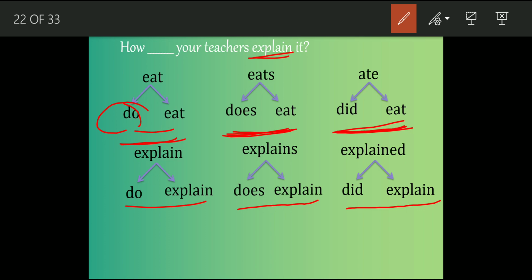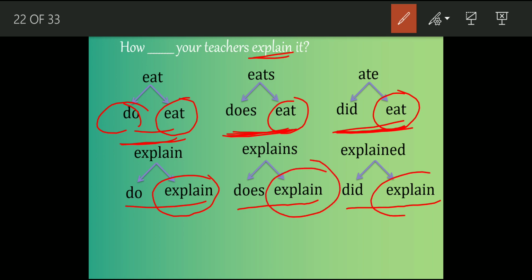Is it clear? And the one thing we have to notice here is the main verbs. Other than the helping verbs, the main verb is common in all three: eat, eat and eat. You are not again writing eats or ate or eaten. Even in explain: do plus explain, does plus explain, did plus explain.